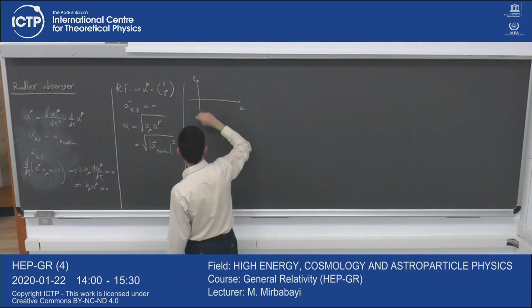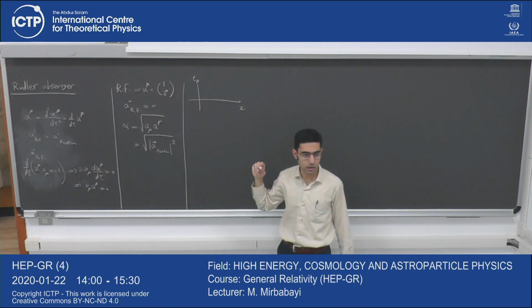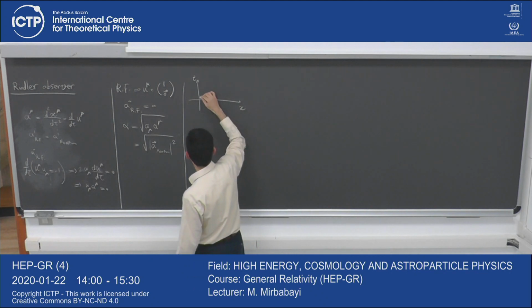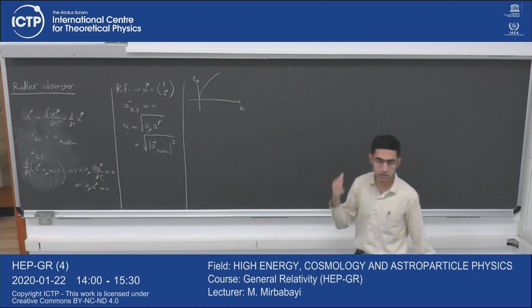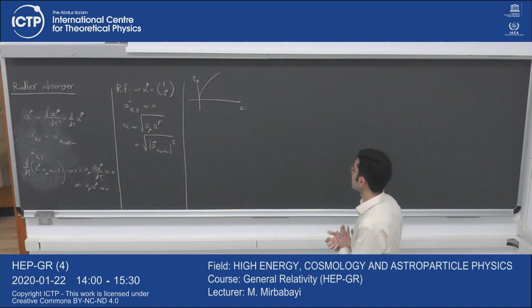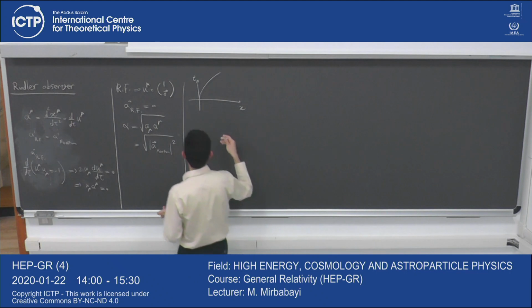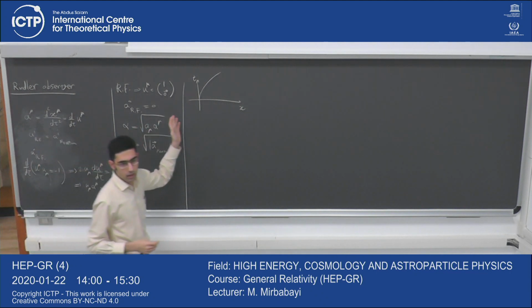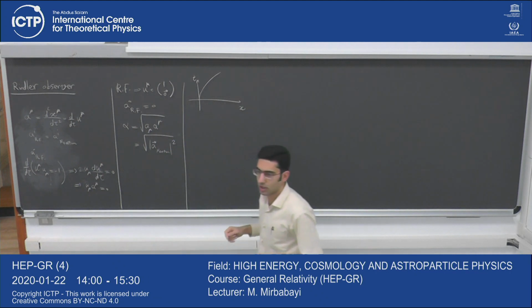So if we want to draw the world line of this observer, qualitatively it's going to look like this, right? Originally he's at rest, and with time his velocity is growing because he's accelerating. We can also understand that there has to be an asymptote, right? Because we are talking about a time-like observer.